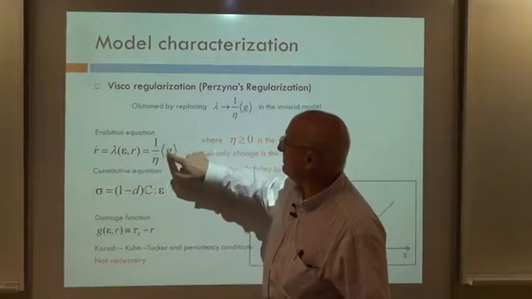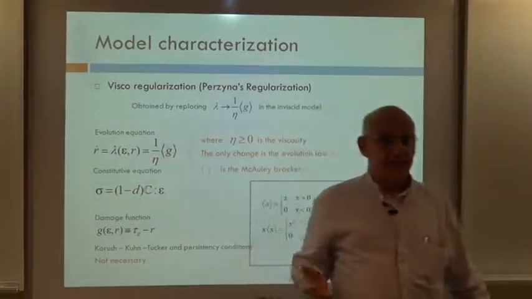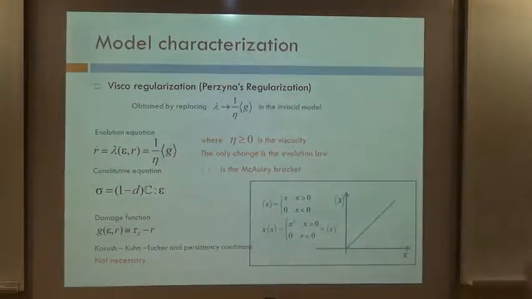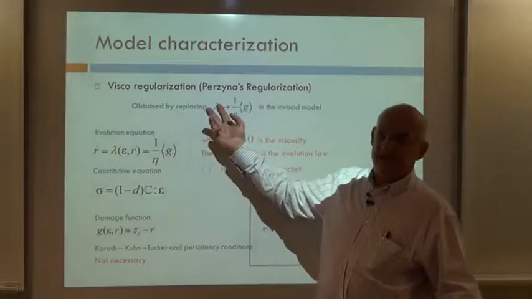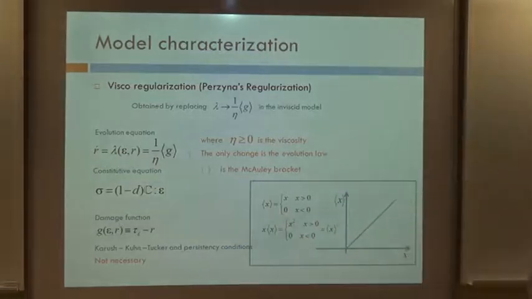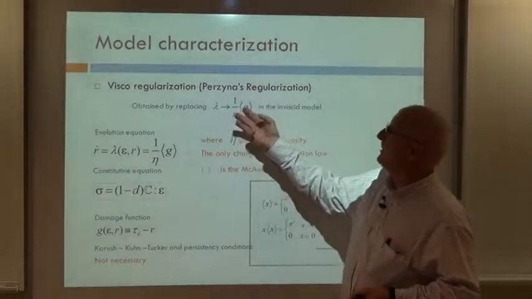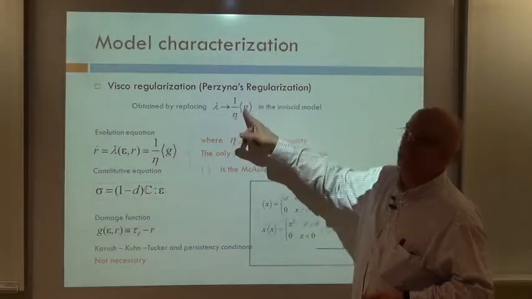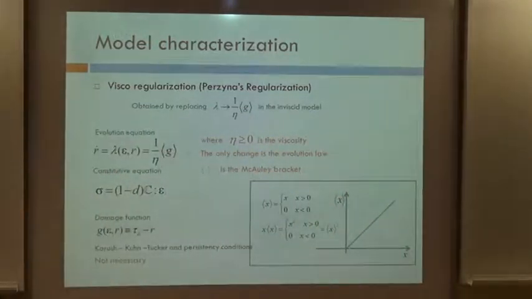This depends on epsilon, and this is a constant. So this is just what is called a viscous regularization of the inviscid model, in which the damage multiplier is no longer computed from a set of Karush-Kuhn-Tucker conditions. It is a regularization of Perzyna's type. Maybe you should keep in mind this name.